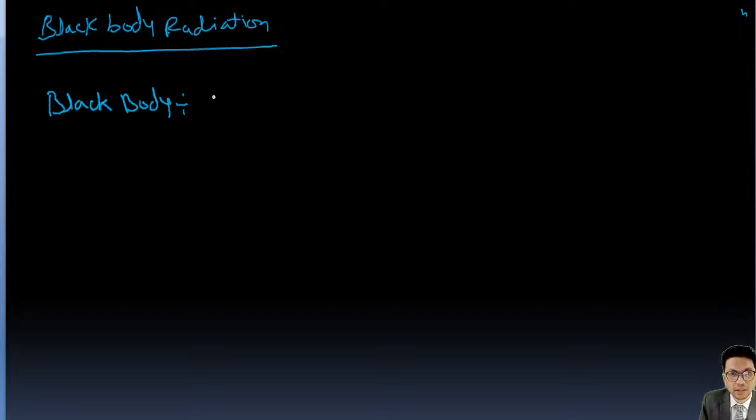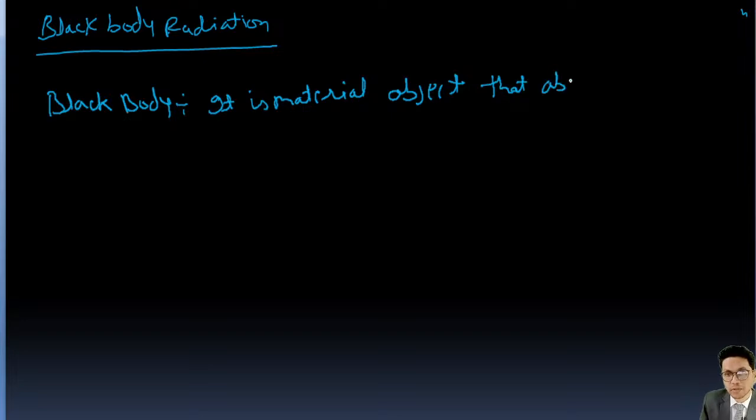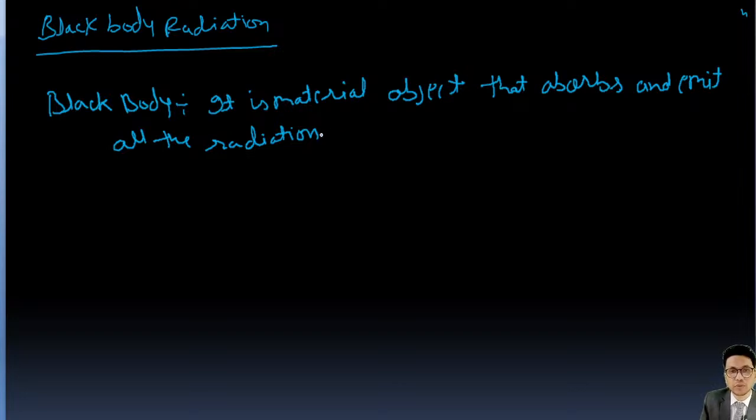A black body is a material object that absorbs all the radiation falling on it, and also when it is heated, it emits all the radiation. Okay, so that is the black body.